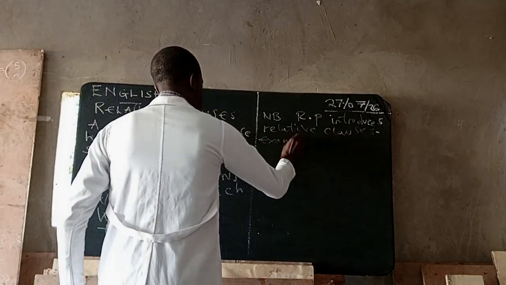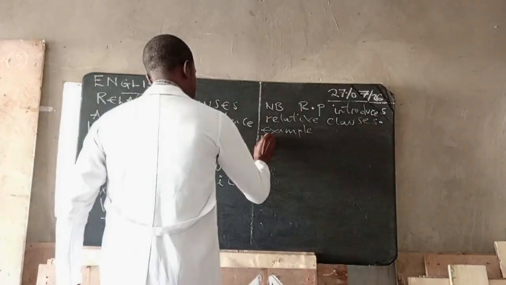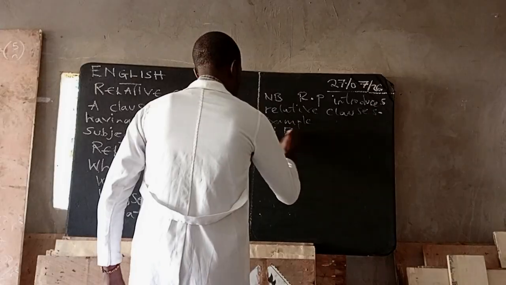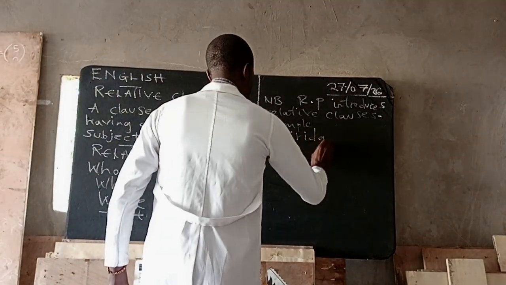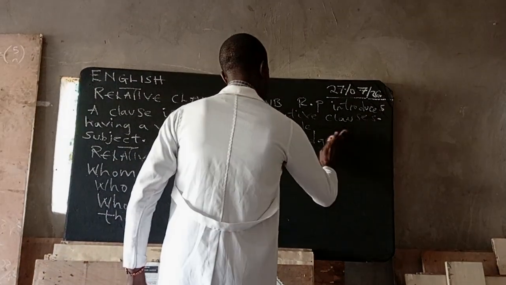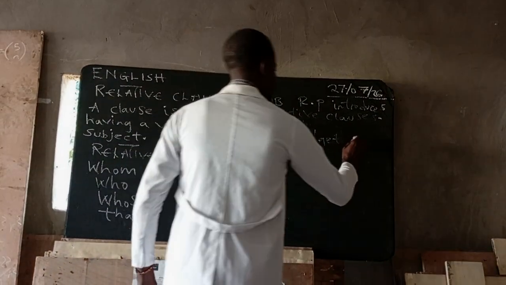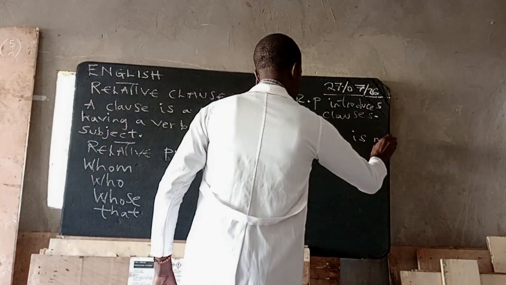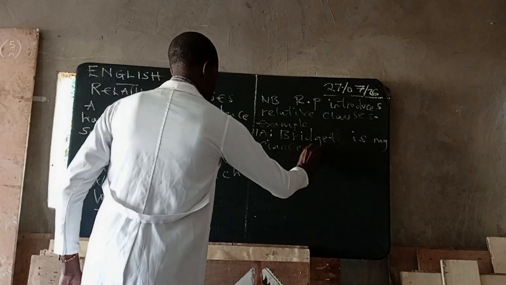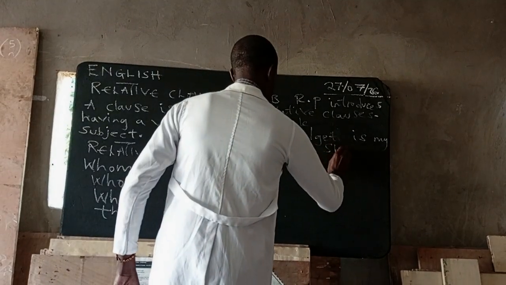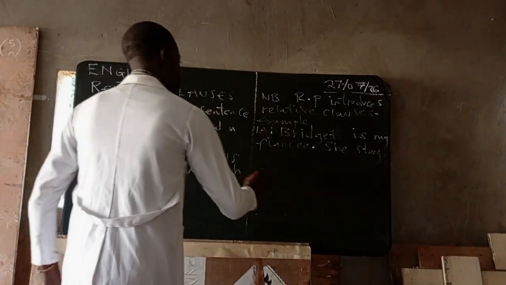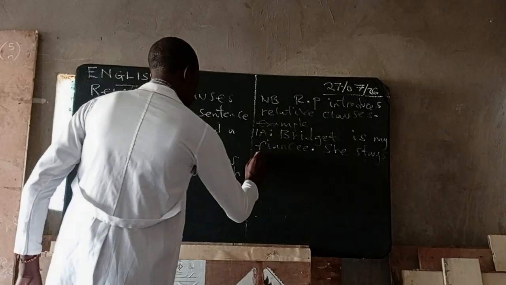Example. So we have number 1: Bridget is my fiancée. She stays here.